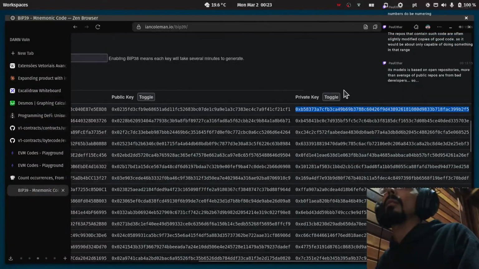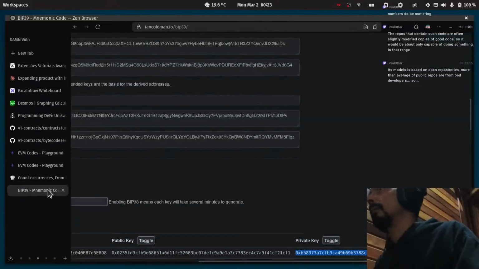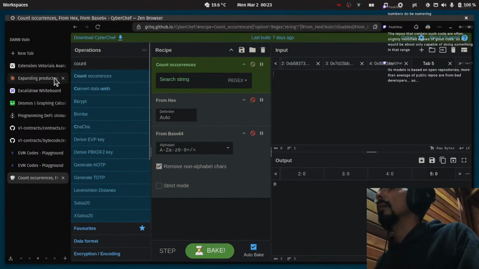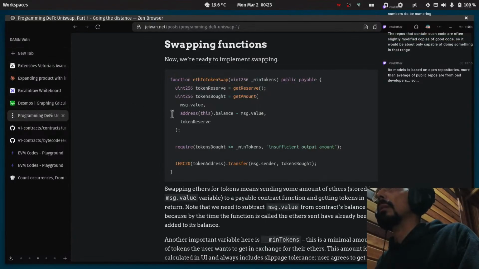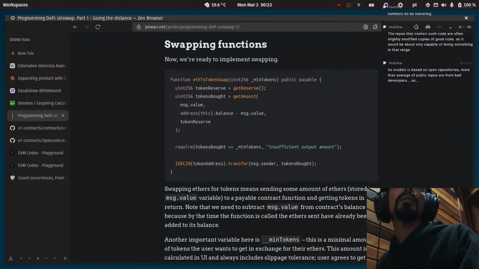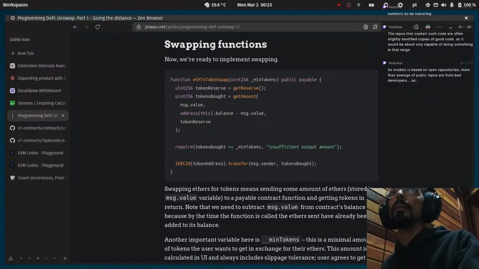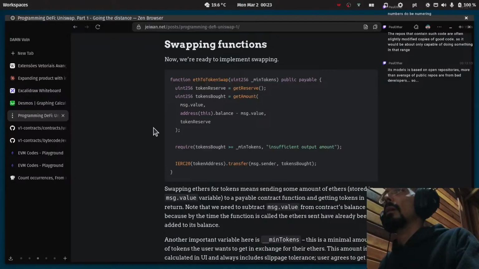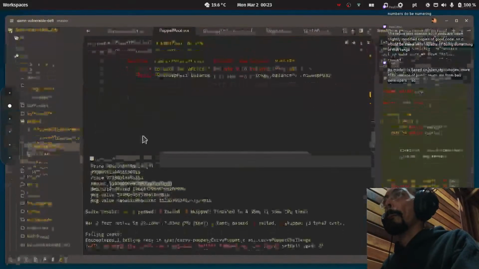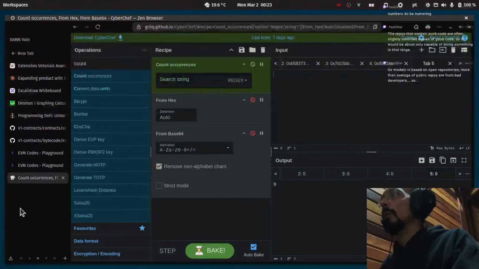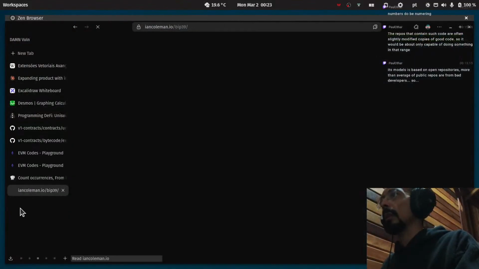Oh no, that's not my private key. I hope. I have my translator in another. Wait, why did this? I'm gonna check later.